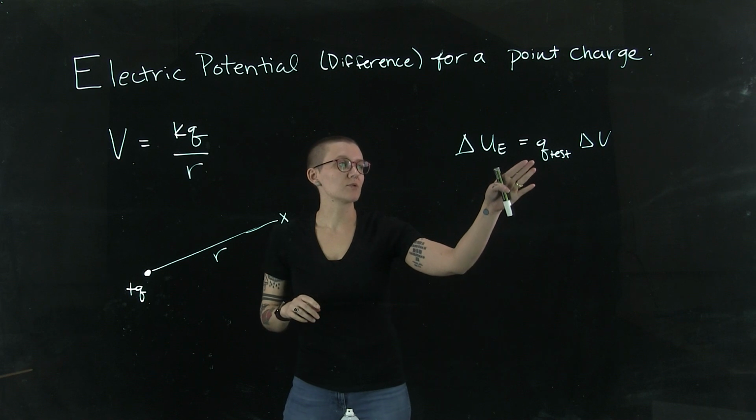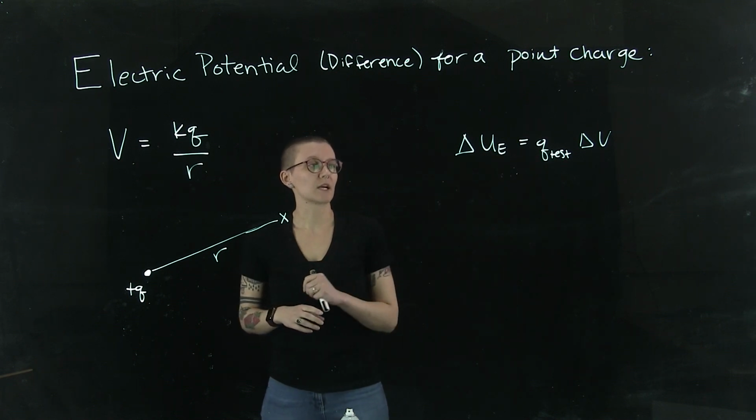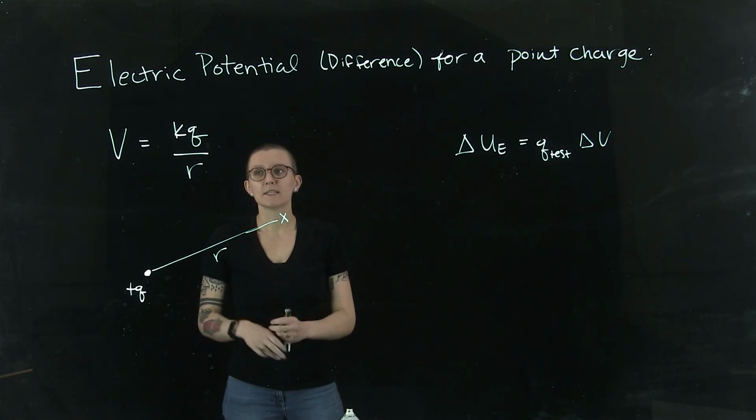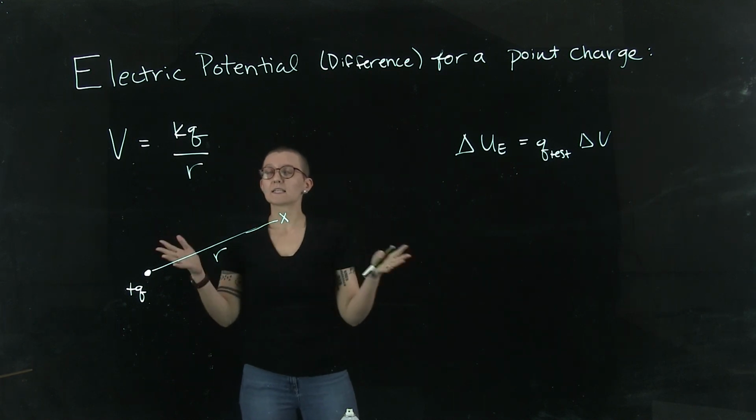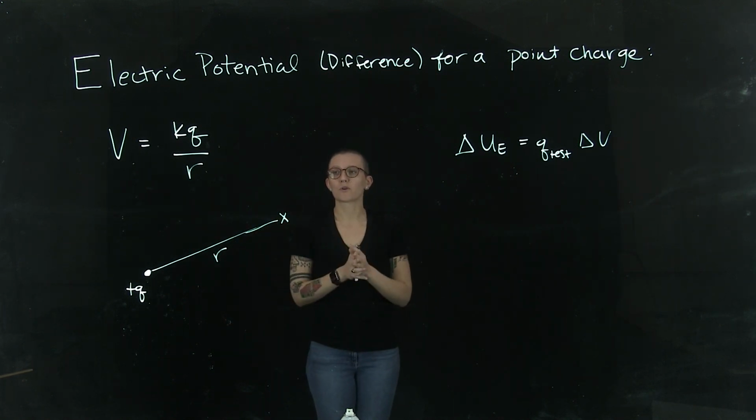And now we can think about how this electric potential energy will change depending on the potential that I see here. So that is basically electric potential difference for a point charge.